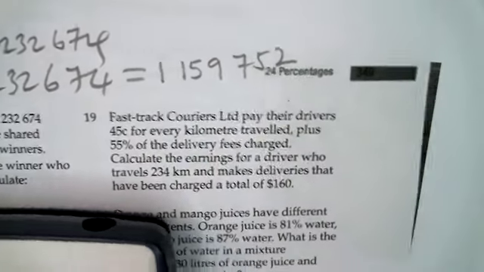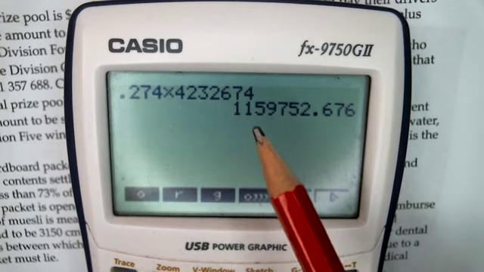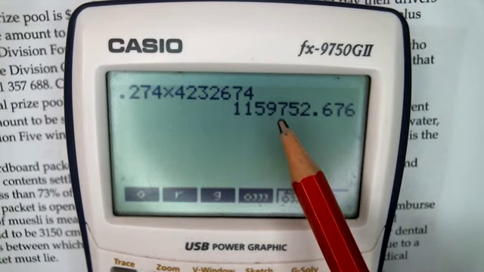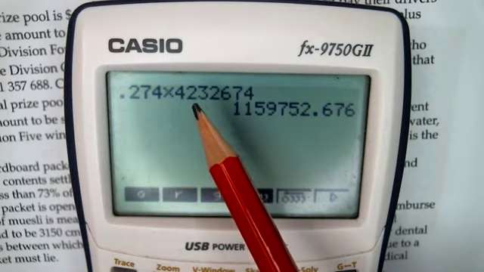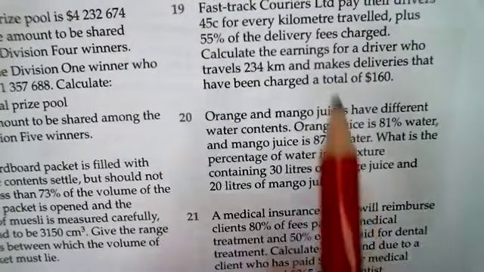I always find it difficult to read off the calculator. It doesn't actually space out the numbers as in groups of 3, of course. So this is 1,159,752. This is 4,232,674. All right, so there is our answer. And that is what's shared amongst the Division 4 prize winners.